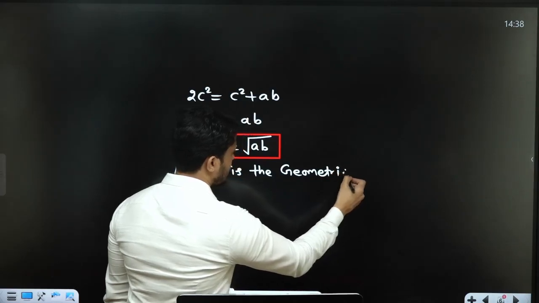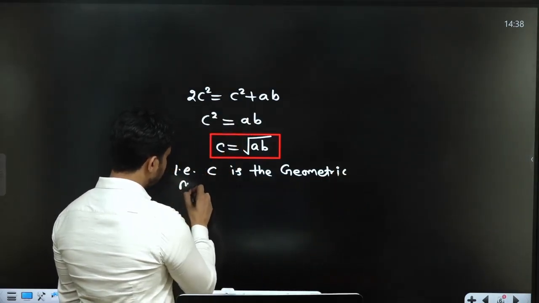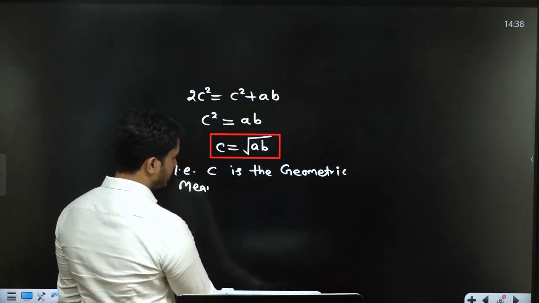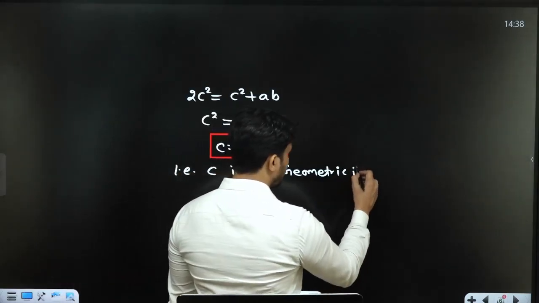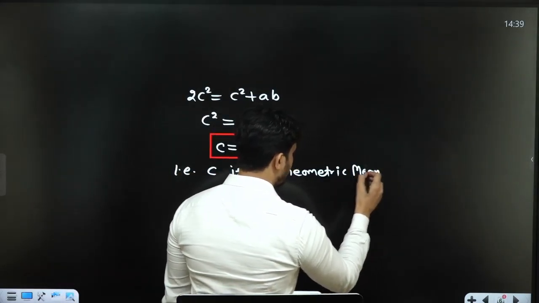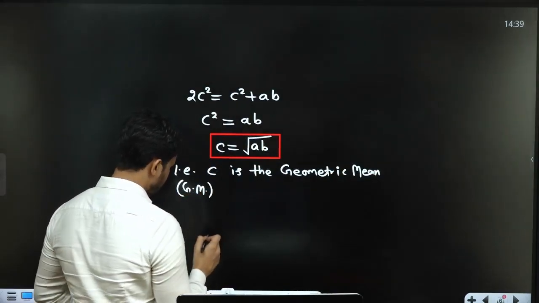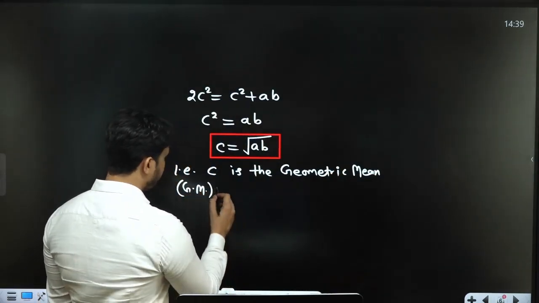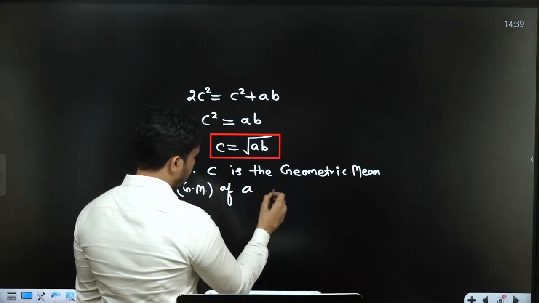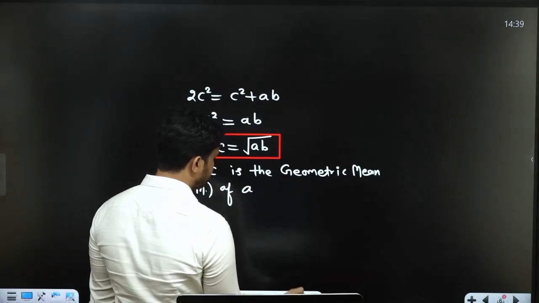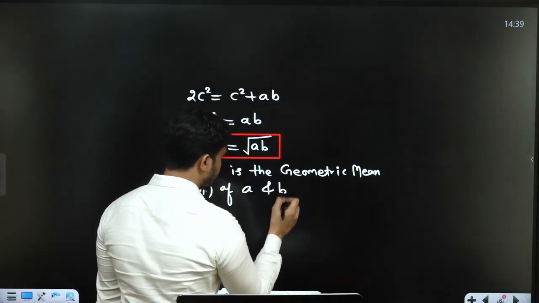C is the geometric mean. इसको क्या कहते हैं? GM कहते हैं शॉर्ट में. Geometric mean means GM of a and b.